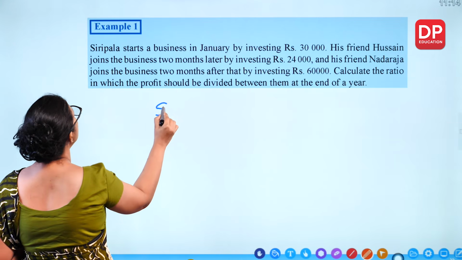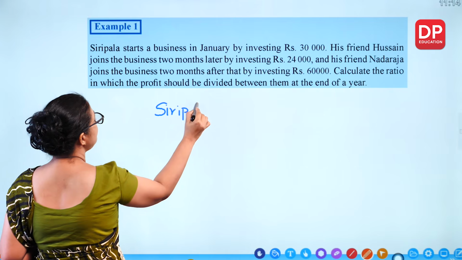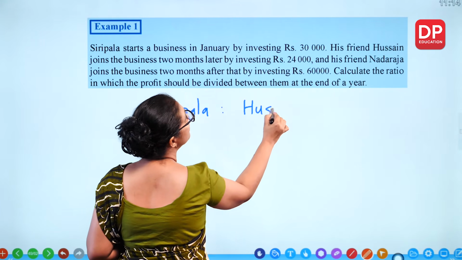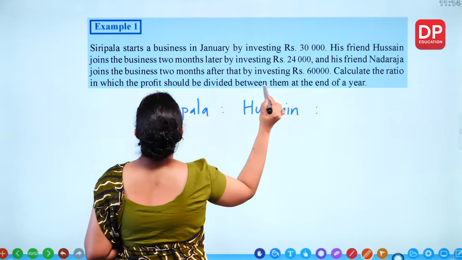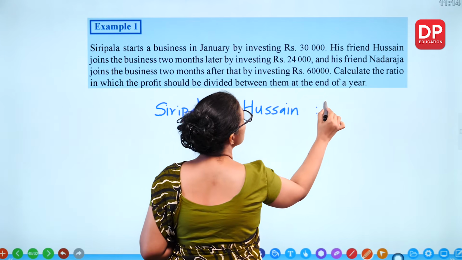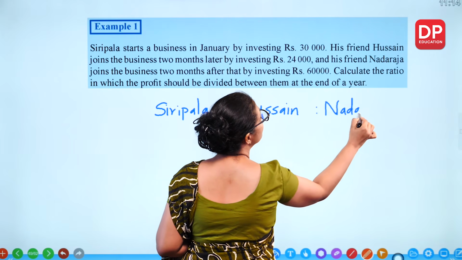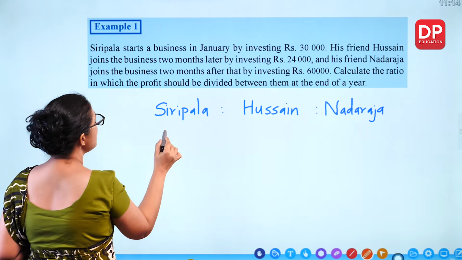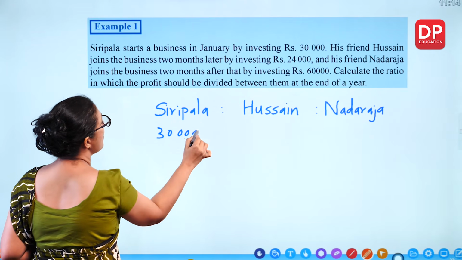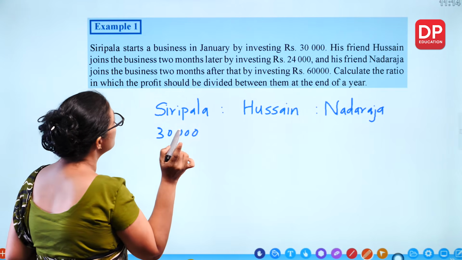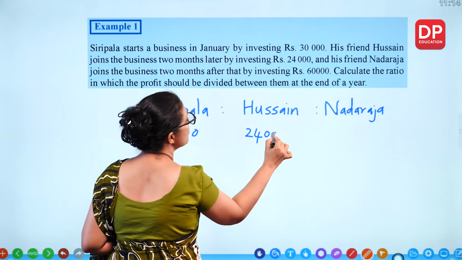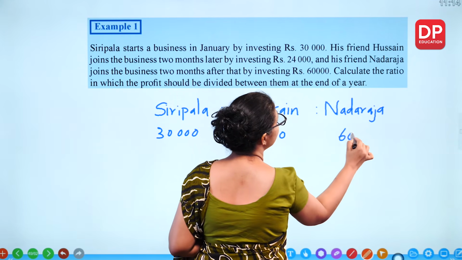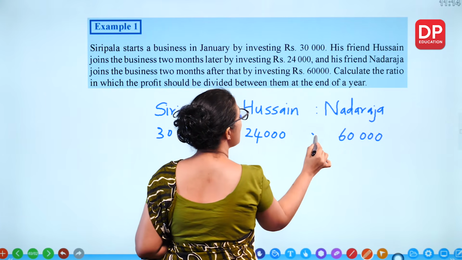So who are the three people? Siripala and Hussein and Nadaraja. So the amount invested 30,000 from Siripala and 24,000 from Hussein and Nadaraja 60,000. Now we'll consider time.